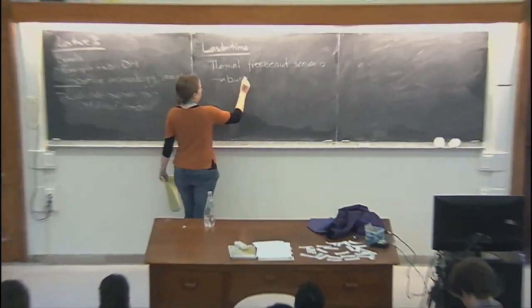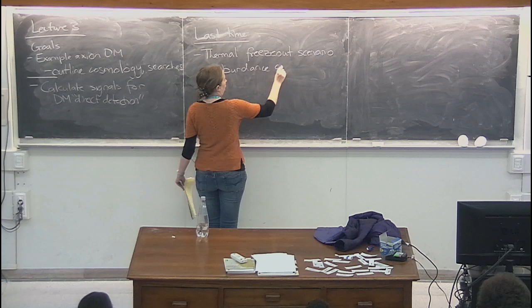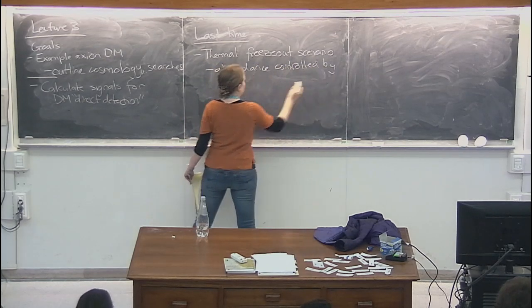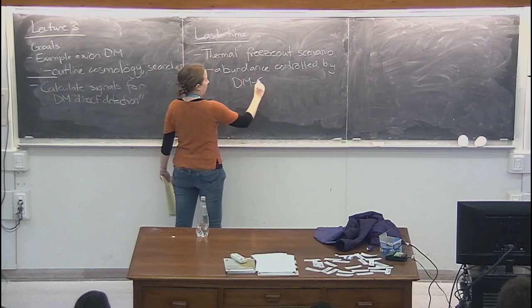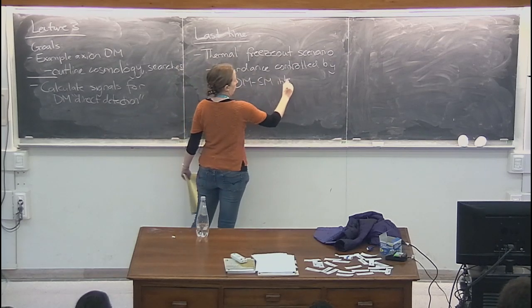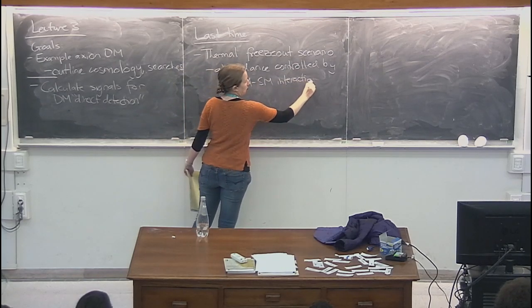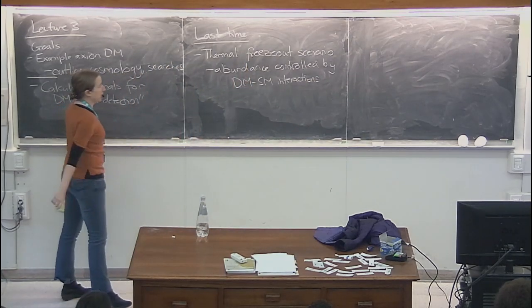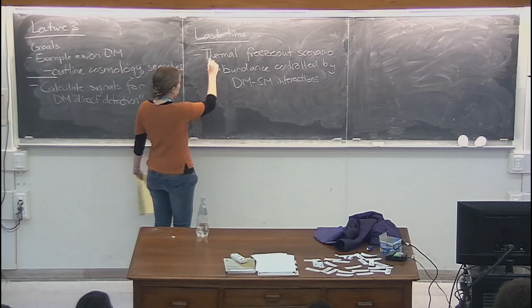So in this case, the abundance is controlled by the interactions between the dark matter and the standard model, which is wonderful for phenomenologists and experimentalists because the presence of those interactions is something that we can look for in other channels.